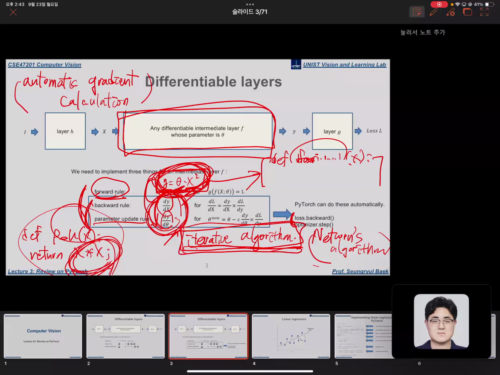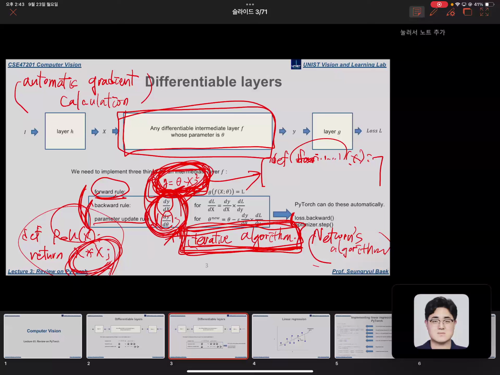This iterative algorithm is not actually approximating the gradient values given the forward rule. And that is some algorithm to calculate the gradient given any forward rule. The important thing to note is this algorithm does not change depending on the forward rule.